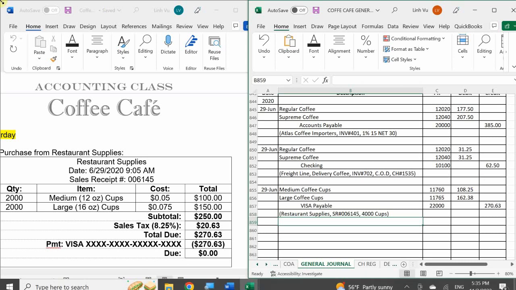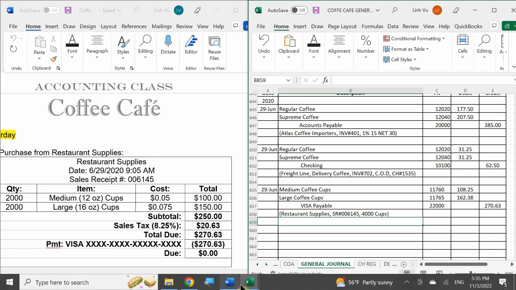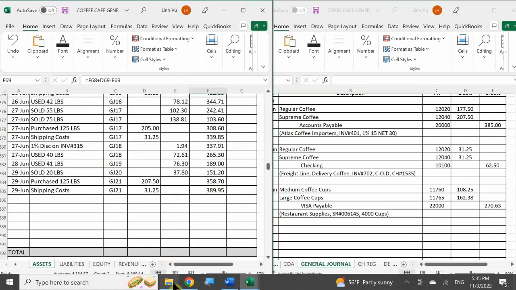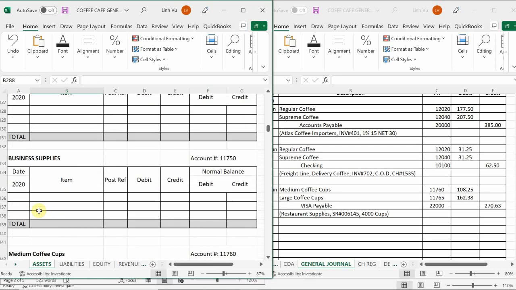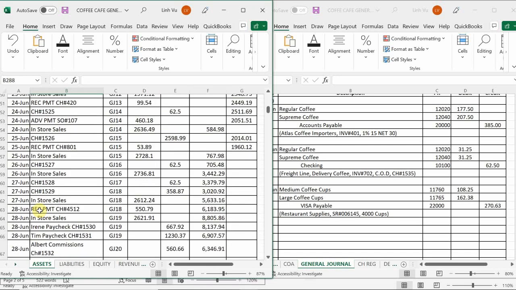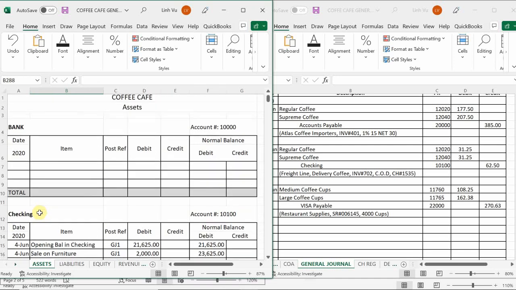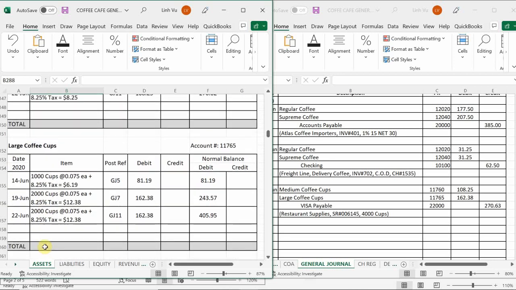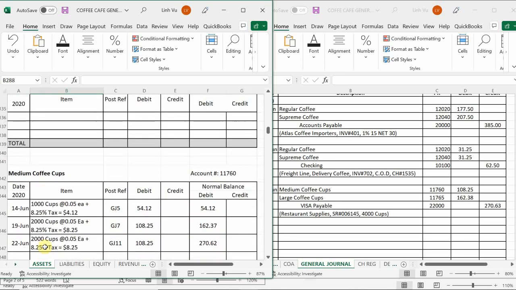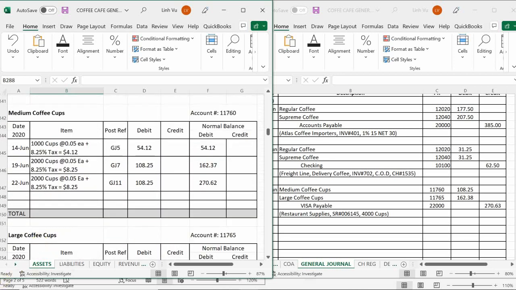So once again, update your ledger to reflect those amounts that you have on hand. Okay, starting with your assets here. Business supplies, right, for the medium coffee cups.